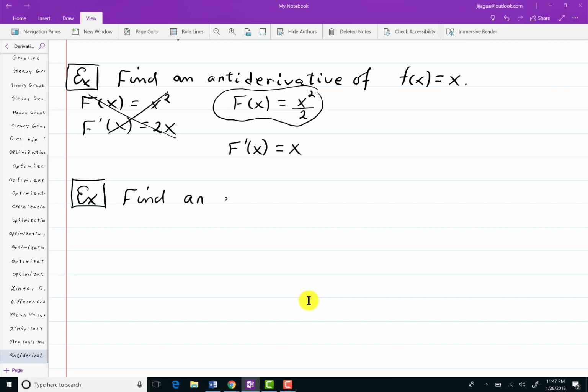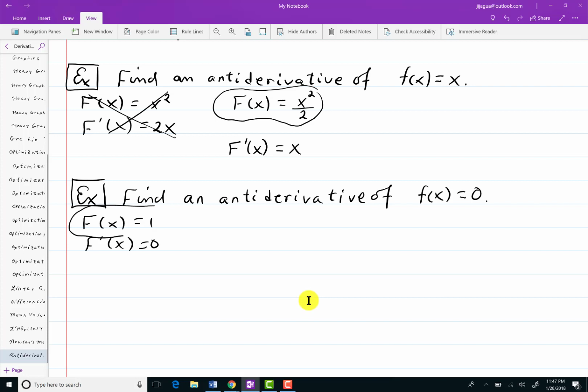Another example. This time find an antiderivative of little f of x equal to 0. Easy enough, capital F of x could be 1.